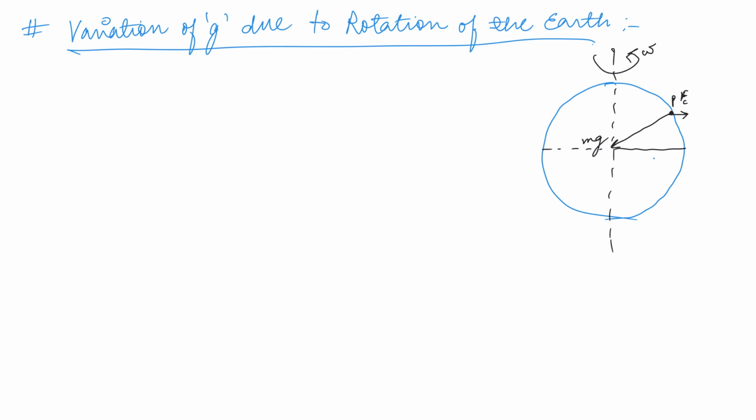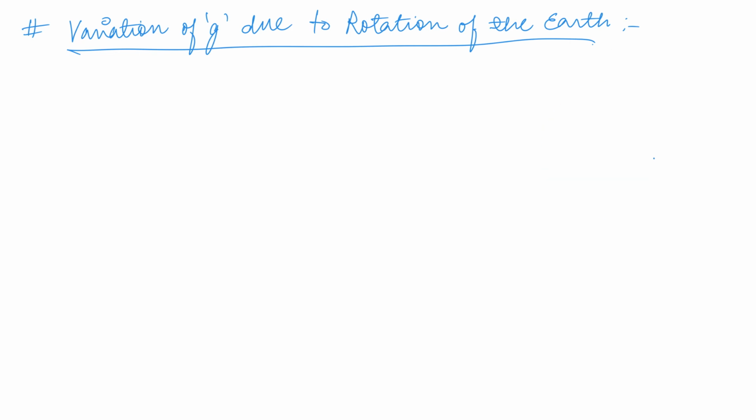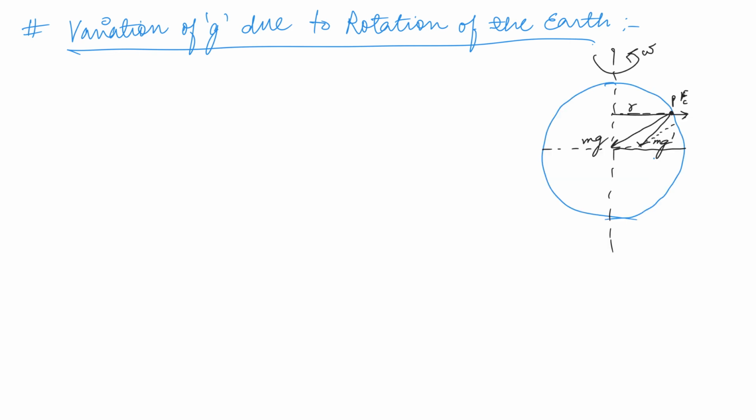and their resolution will be like this, mg dash. From here, r is the distance, and this lambda is the latitude.